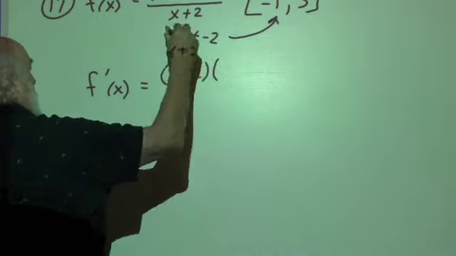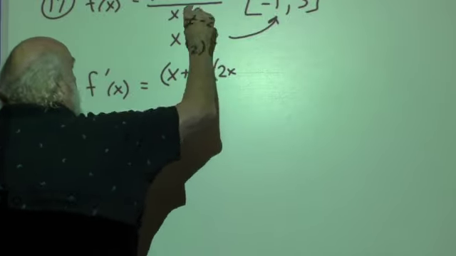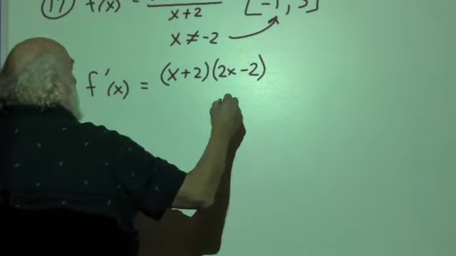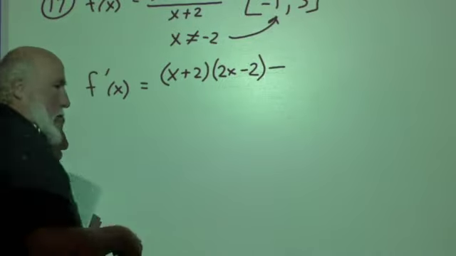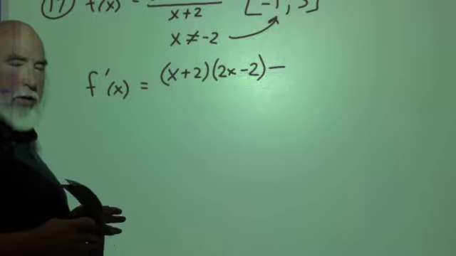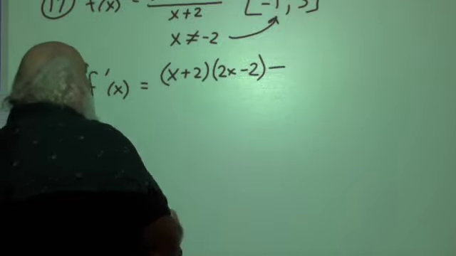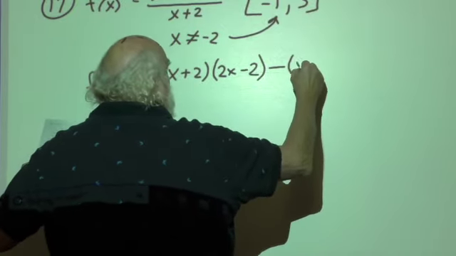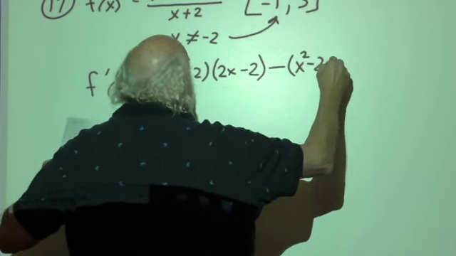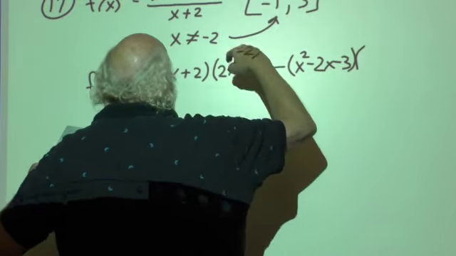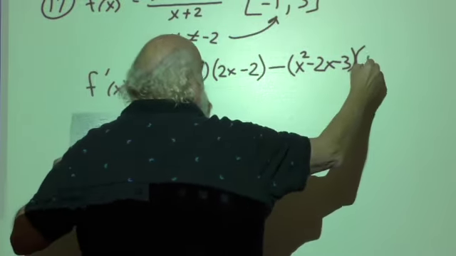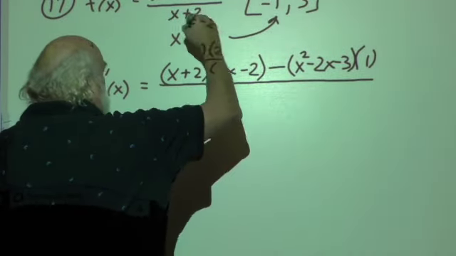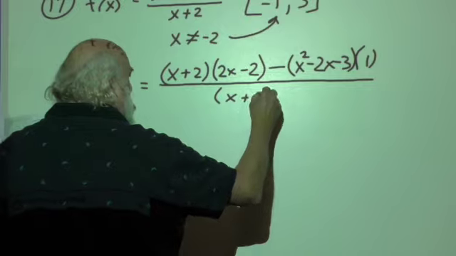So the derivative of x squared is 2x. Derivative of -2x is -2. And then -3 drops out. And then subtract, because we're using the quotient rule here. So now we're going to take this, x squared minus 2x minus 3, times the derivative of x plus 2, which is just plain 1, all over x plus 2 squared.